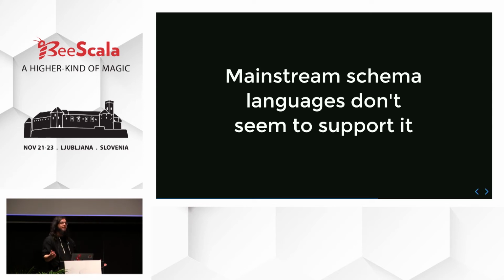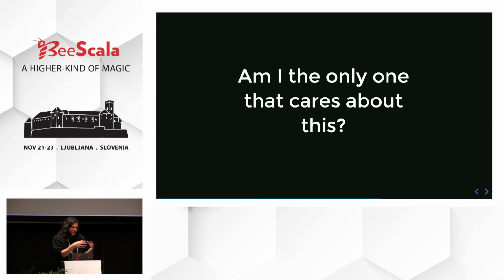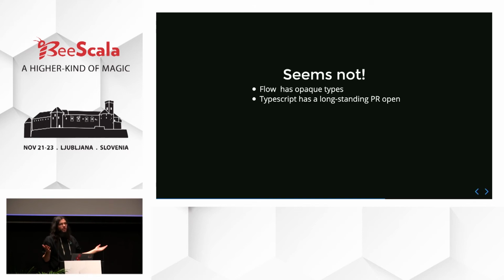And so that got me thinking, am I the only one that cares about this specific thing? Am I just going crazy with the specific thing that I could just get over? And I started looking besides Scala, and let's look at frontend, for instance. Well, Flow has support for opaque types, which allows solving this problem. If you don't know Flow, it's a static type checker for JS. And TypeScript has a long-standing PR open for it.